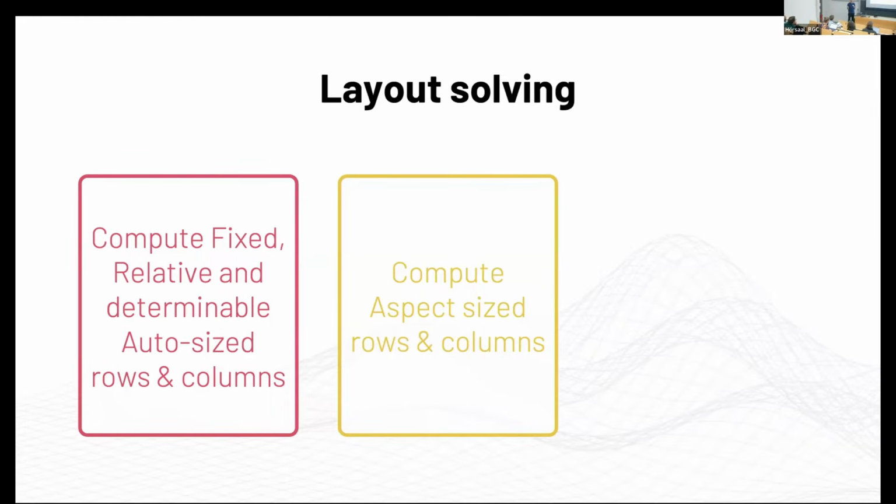This obviously only works if at some point it can be determined what the height of the first row is, right? Otherwise, you cannot determine what the corresponding ratio is going to be. So in the first step, the aspect-sized row or column has to refer on the other side to either a fixed, a relative, or a determinable auto-size row or column, because otherwise at this point in the algorithm, it won't know what to resolve to.